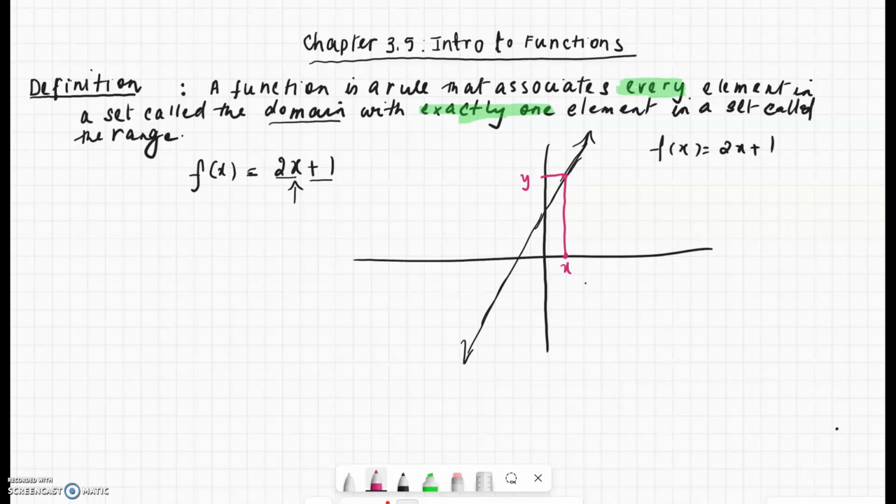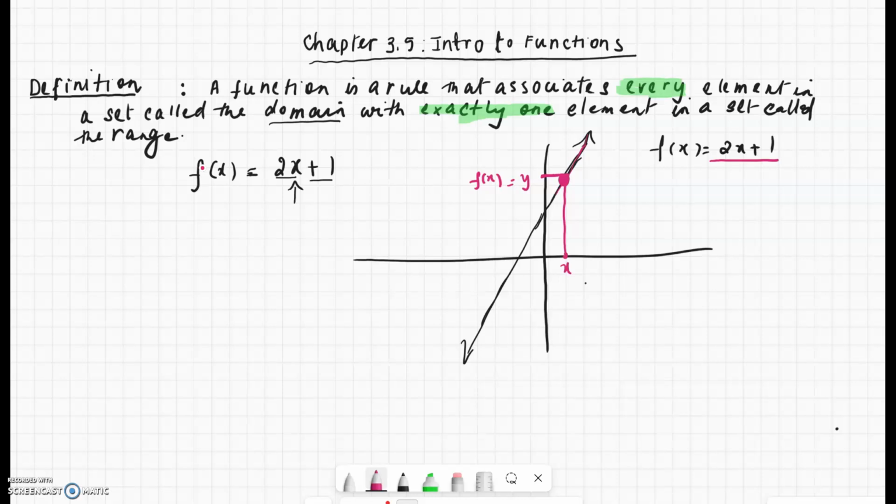You plug in an x, draw a straight line to intersect with the graph of the line. So this perpendicular pink line intersects with the graph of the equation at exactly this dot, and then this is how we figure out the f of x.